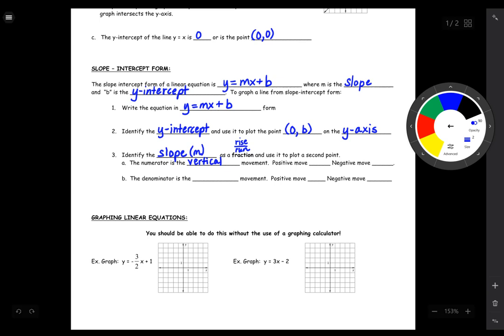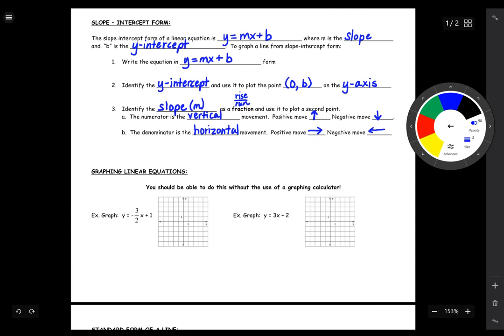Positive means move up, and negative means move down, so negative vertical change. The denominator is the horizontal movement. It's the run. Positive means you're moving to the right, and negative means you're moving to the left. And that's how you graph an equation in slope-intercept form.